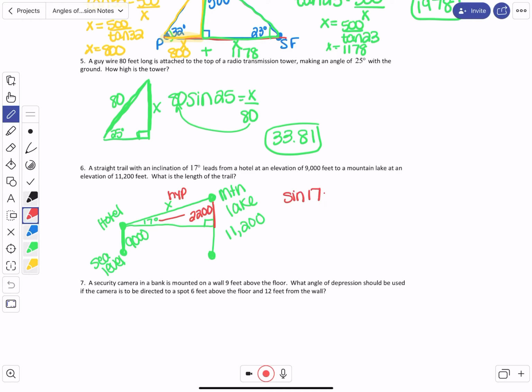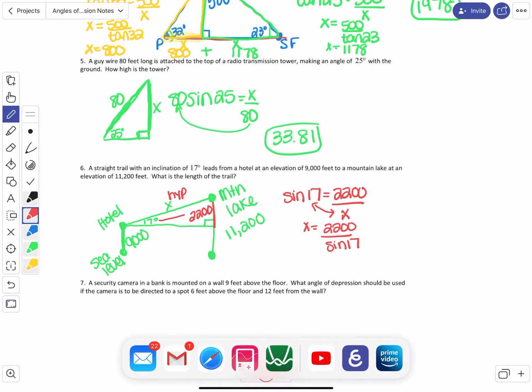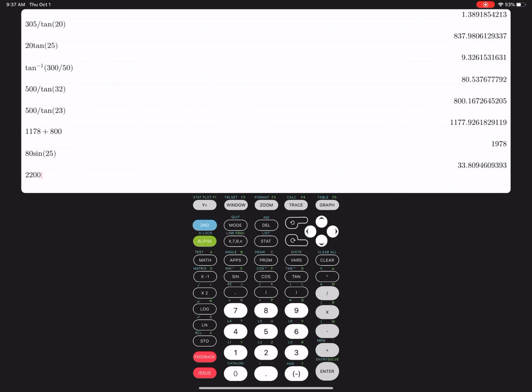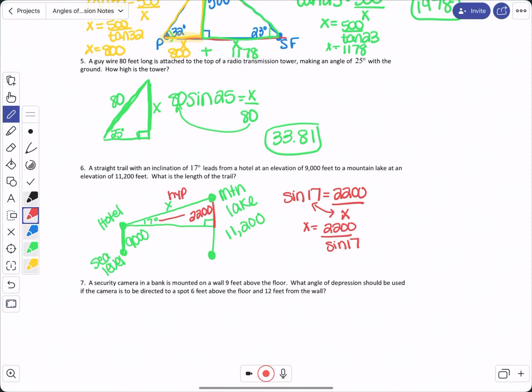Sine of 17 equals opposite 2,200 over X. Since X is on the bottom, we switch places: X equals 2,200 divided by sine of 17. We get 7,524.67.